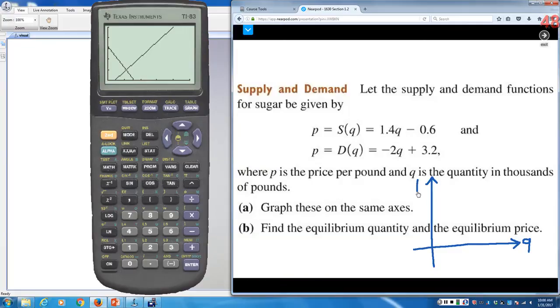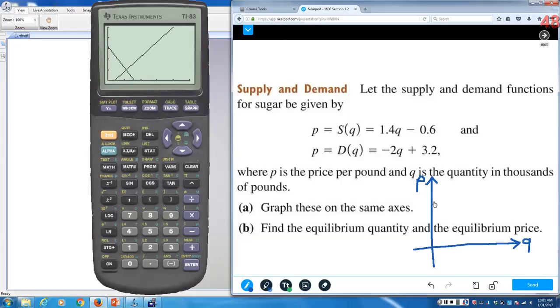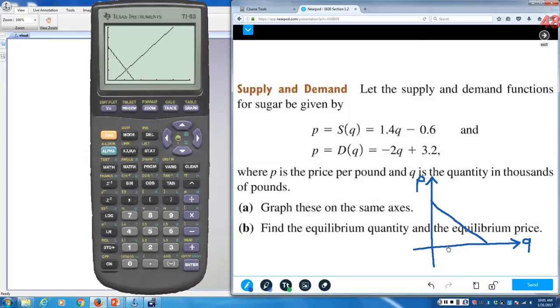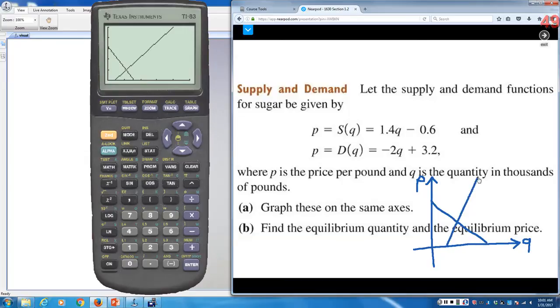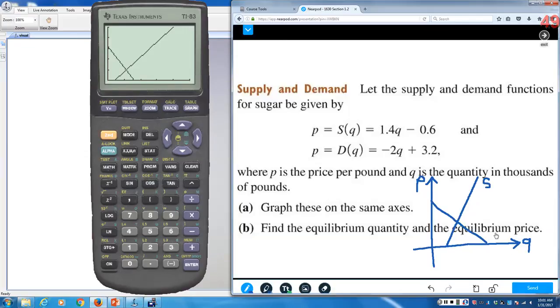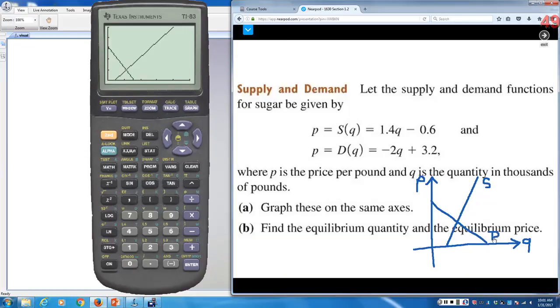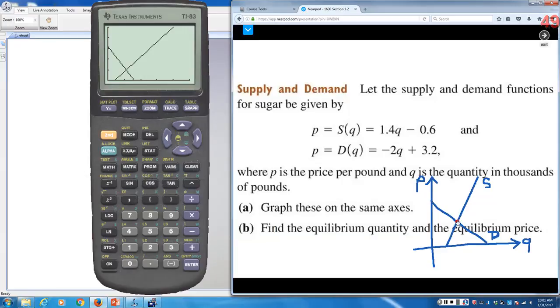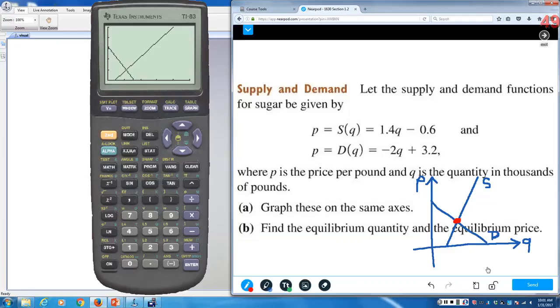And this is the P axis, which is both S of Q and D of Q. And so here is your demand function. And here's your supply function. And then what I need to find is that point right there. Okay? Because that's going to be the answer to B.